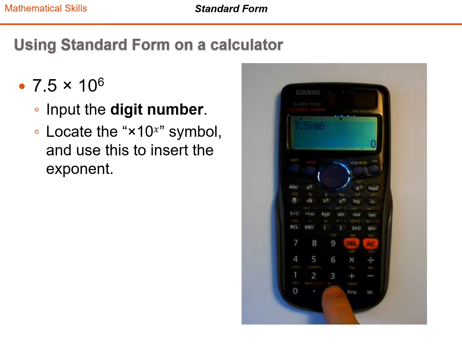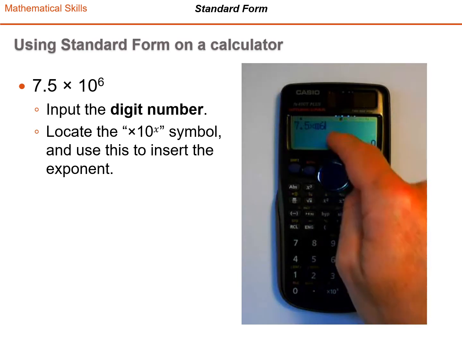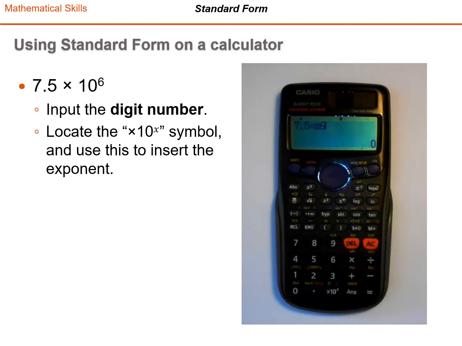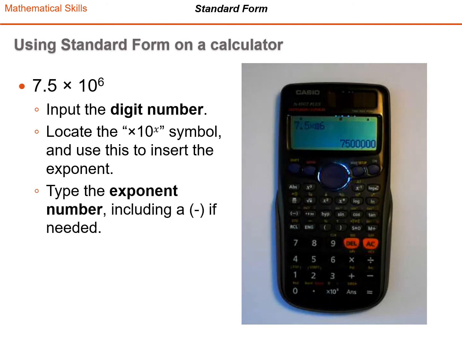So this is a very, very useful button because essentially what it does is the calculator automatically puts brackets around it, which is then useful once we start doing further operations with it. So we do that. If I press equals now, I get 7.5 million. Very straightforward like that.